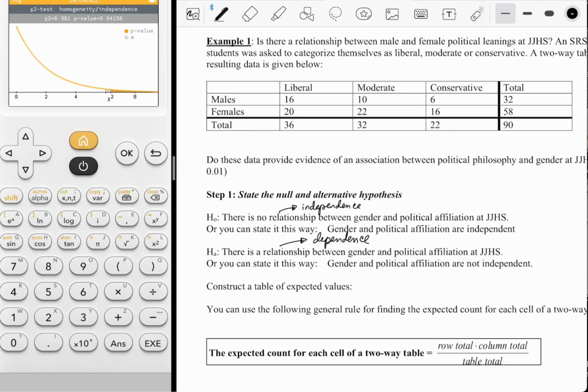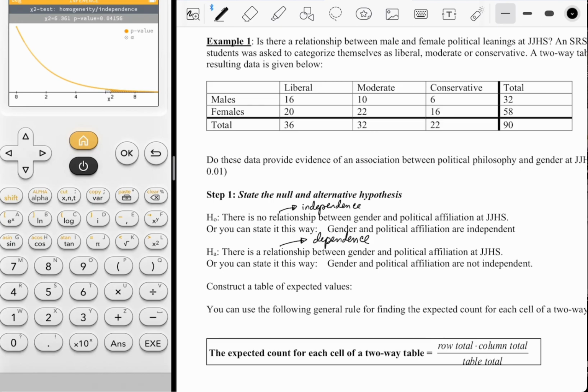When you know the totals for the rows and the columns, you're able to determine what should be an outcome for each cell. All you do is take the row total, multiply it by the column total, and divide it by the grand total. Sounds easy because it is, because we're not actually going to do that. We're going to let the calculator do it.